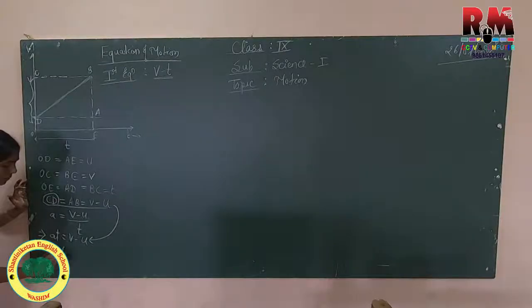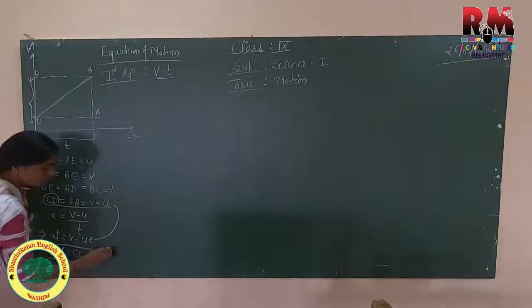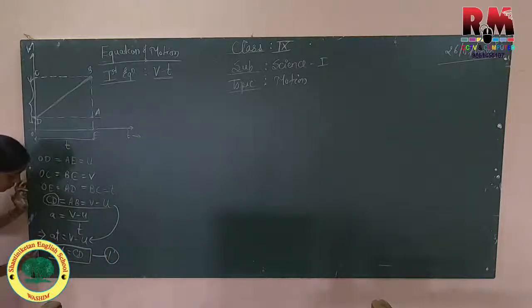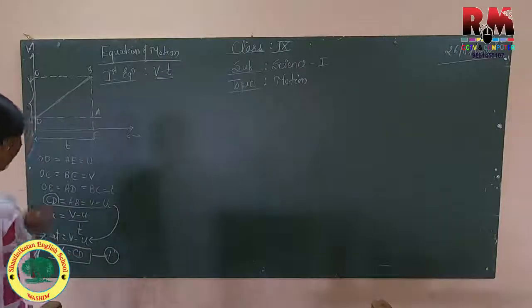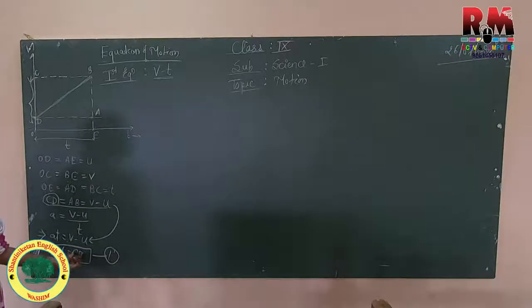Therefore, AT is equal to CD. Suppose this is equation number 1. This is going to be used in two equations.